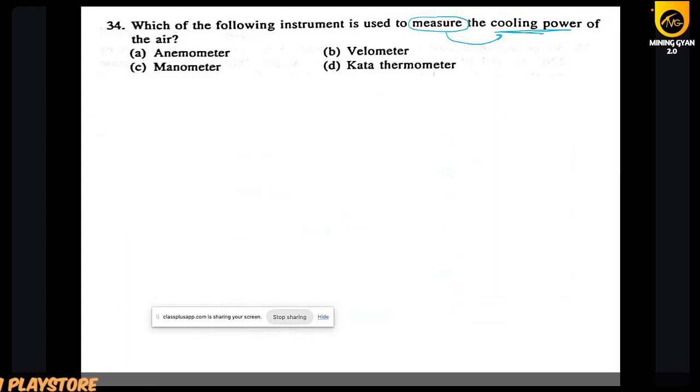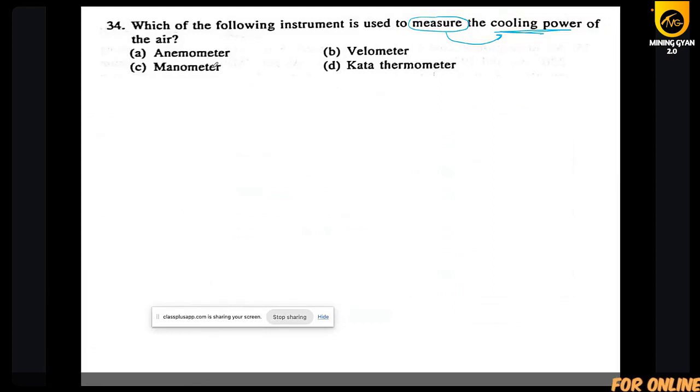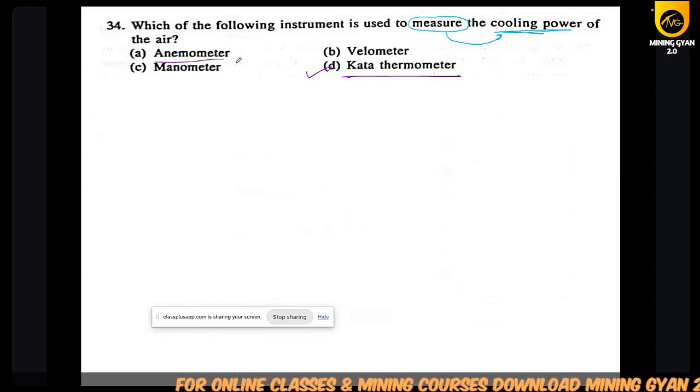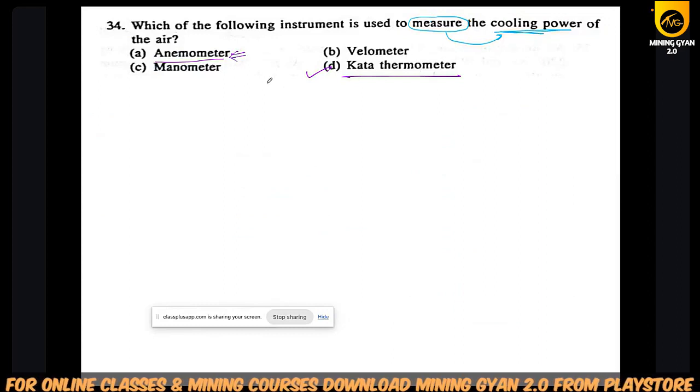And I told you, whenever you see any new question that was not covered in your AK Gorai or any book, suppose its answer is the kata thermometer, and a kata thermometer measures the cooling power. But look at the other options also, and spend one, two, three minutes on each. What is the anemometer? It measures air.